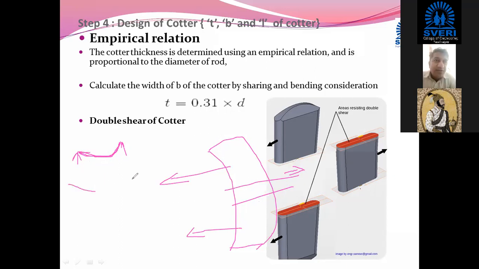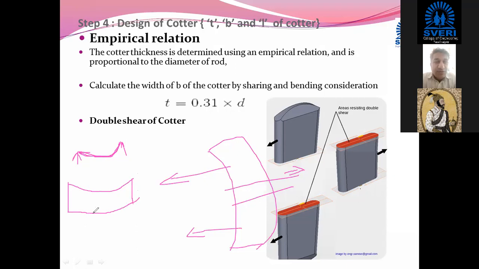Can anybody of you give me what will be the value of bending stress? What we have to consider as a bending stress? Do you have a concept of bending stress? Bending is taking place for the pin, but do you know any stress as a bending stress?